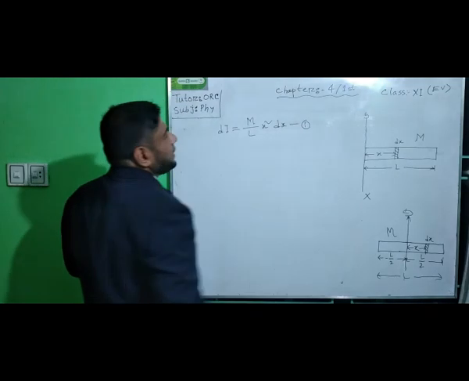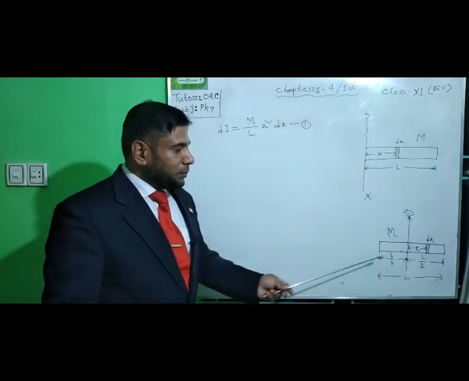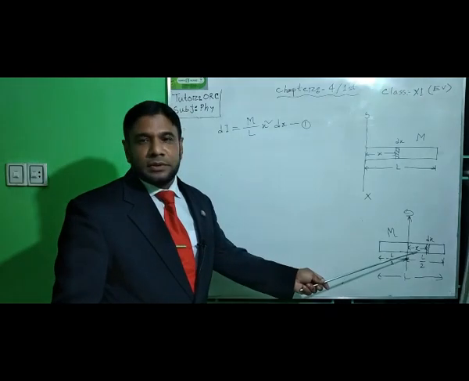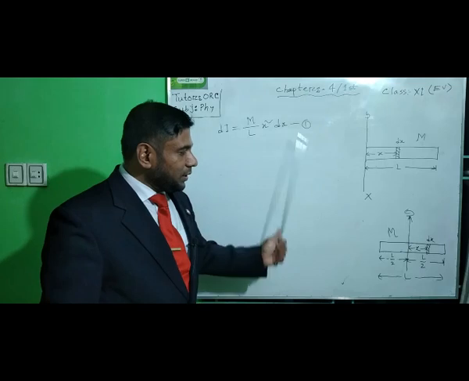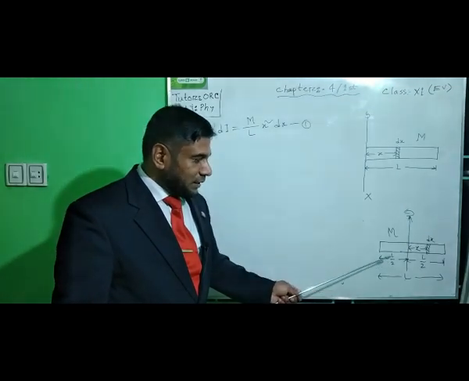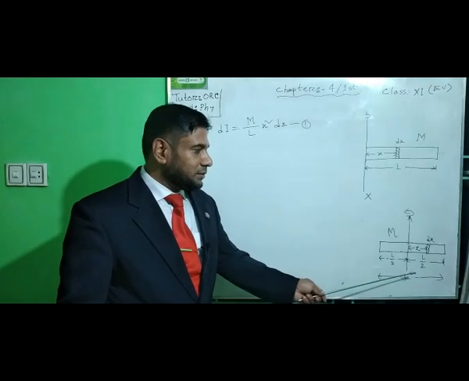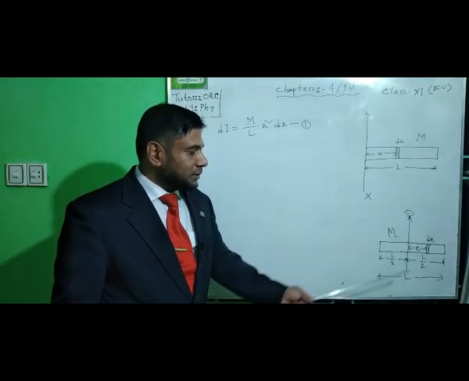Suppose this is equation 1. Now to find out the moment of inertia for the full length L, we will have to integrate this equation 1 with the limit from minus half L to plus half L, as the axis divides the rod into two parts.